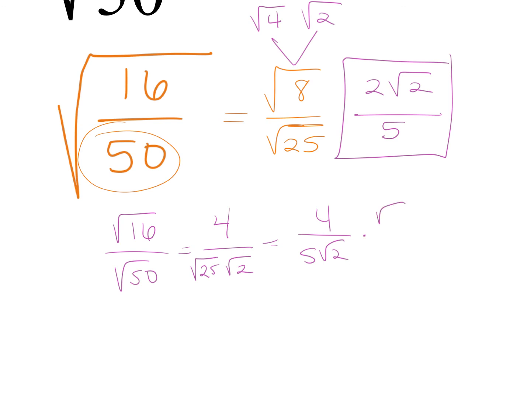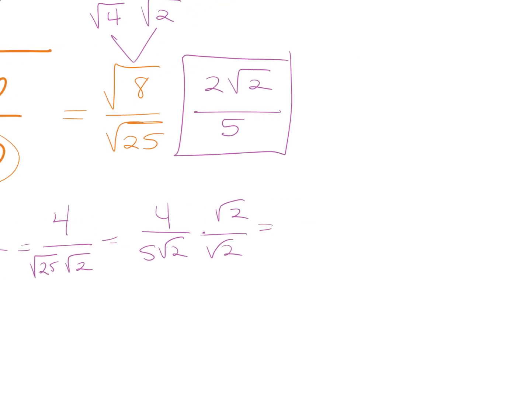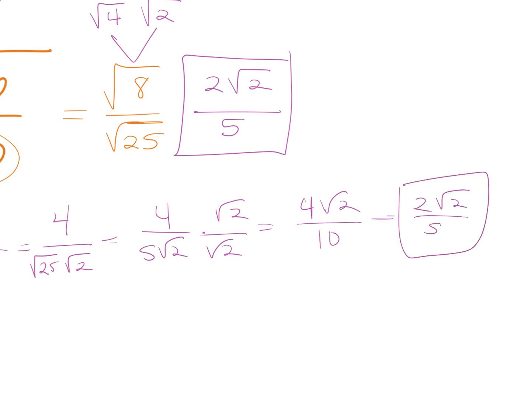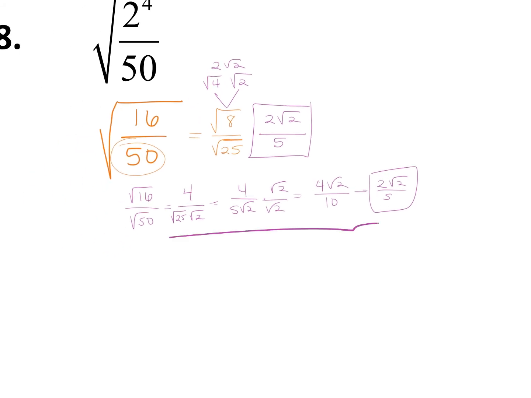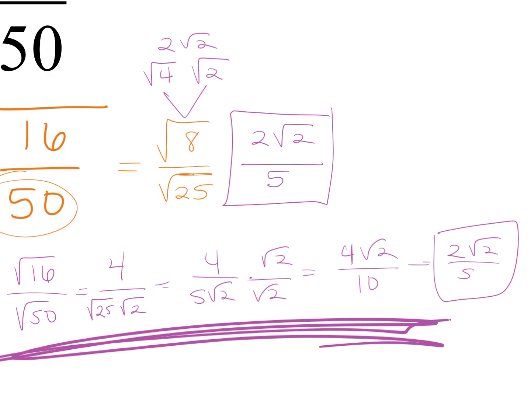You'd have to multiply by rad 2 over rad 2. So you get 4 rad 2 over 5 times 2, which is 10. And then that has to reduce to 2 rad 2 over 5. So they both get you there. This one's way more work. So take the one that's less work, or try to anyway.